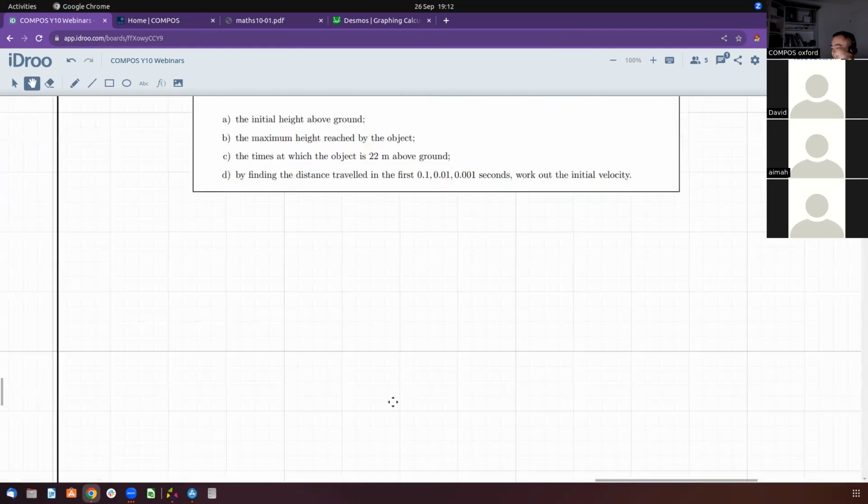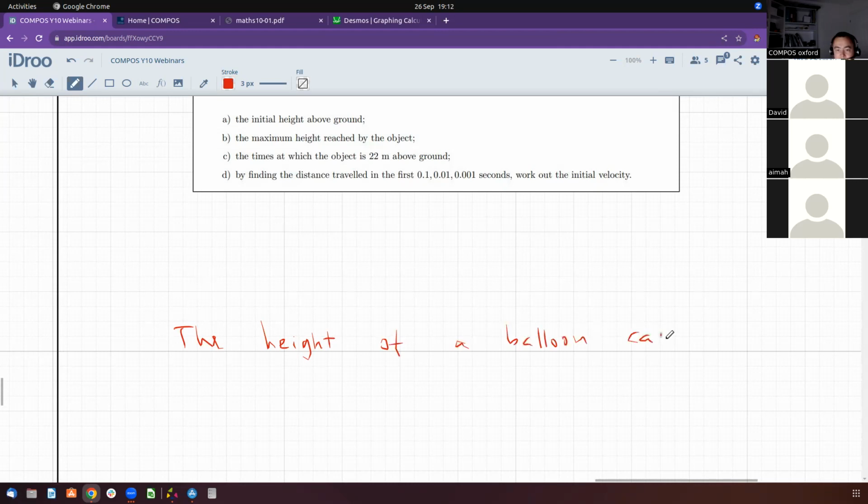Let's say that the height of a balloon can be found using h of t is equal to 700 minus 5t.